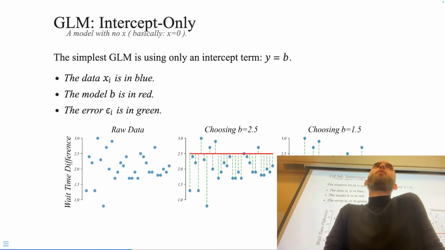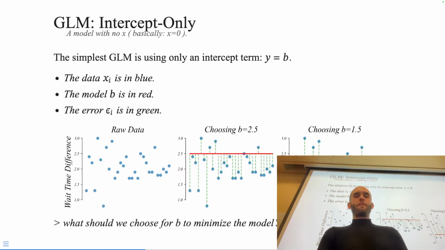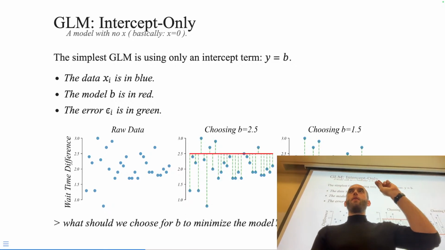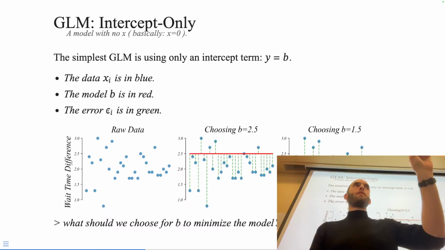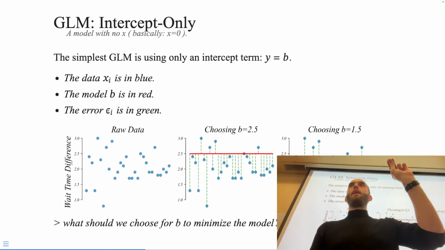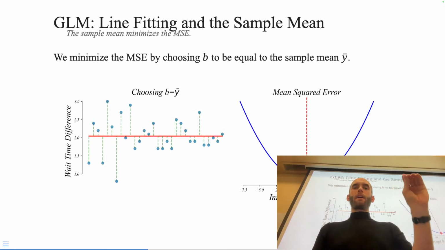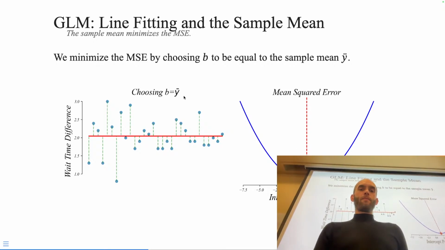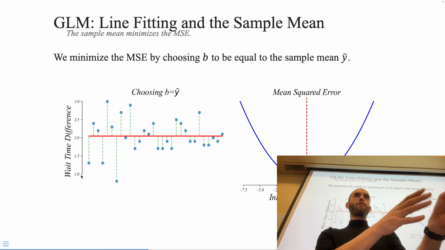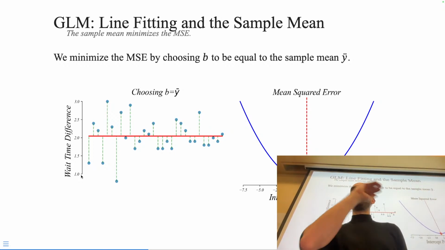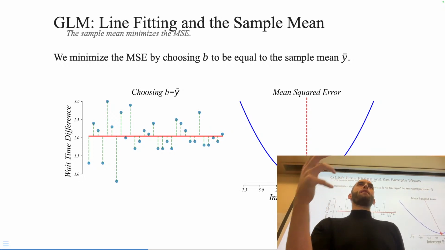I will claim without proof, there's proof in any good textbook, that we would pick B at the mean. So we're going to pick B at the mean Y value, which captures some of Sabi's idea of picking a model that's close to the middle point of the data.